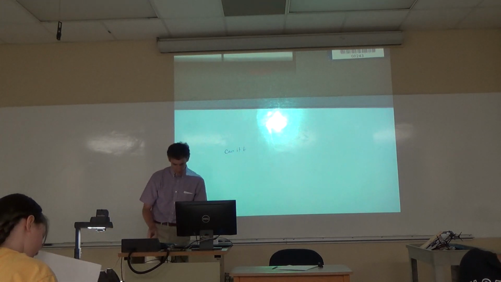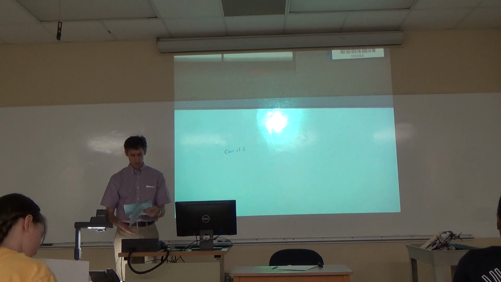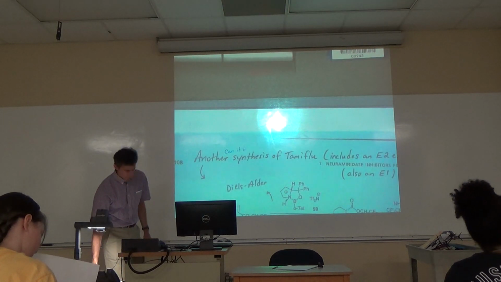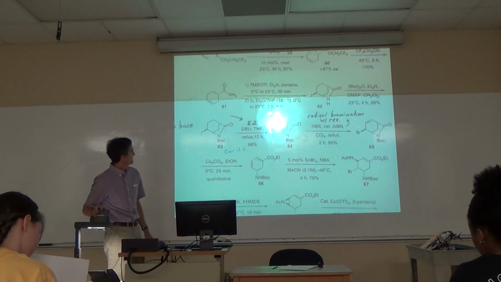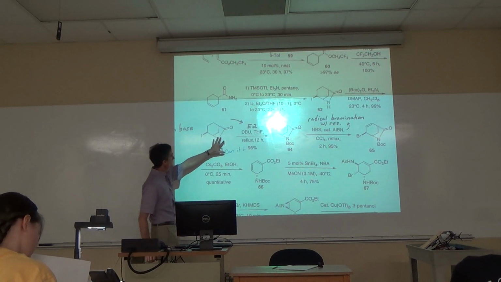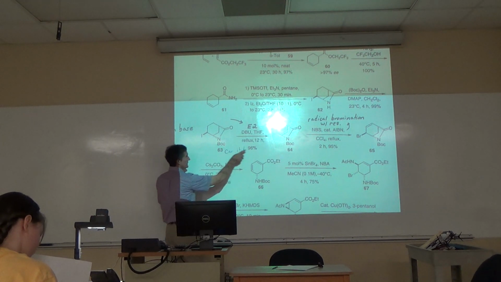Is there anything that we need to go back and look at? On the very front of the elimination, there was this reaction where they did elimination 63 to 64.